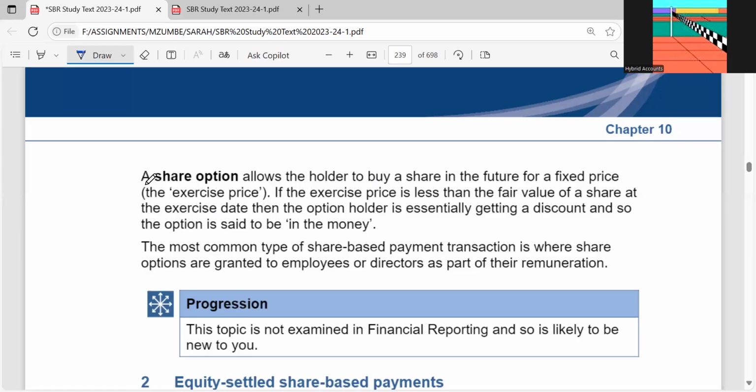I hope you know the meaning of an option. Of course, we'll see that in advanced financial management or financial management. The meaning of an option is the right of someone, but not the obligation. That's the meaning of an option. If you say you have an option, you're not forced to do it.